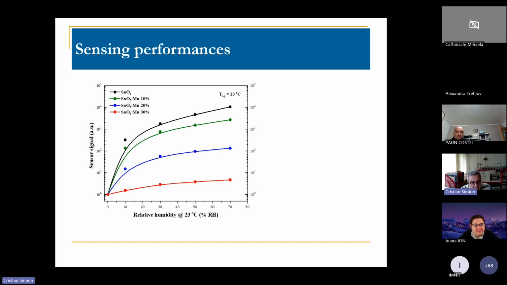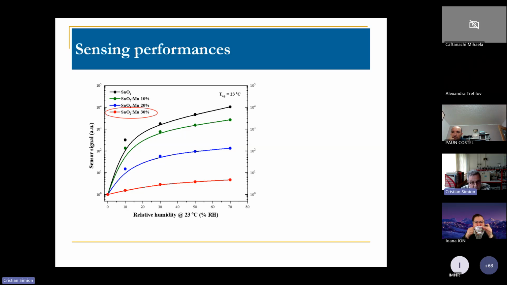What can be seen here is that the sensor signal towards relative humidity decreases as the manganese concentration increases, so from the black curve to the red curve. This means that we chose tin dioxide with 30% of manganese due to the fact that it has the lowest interference with the relative humidity.